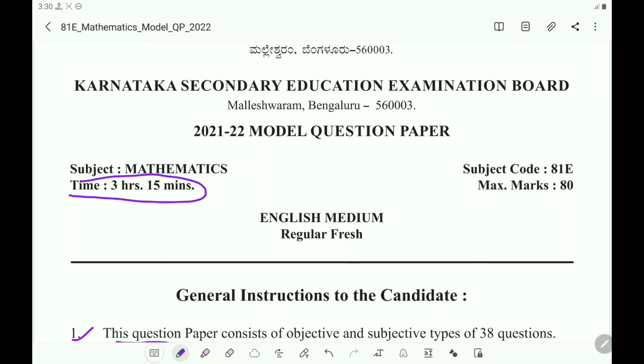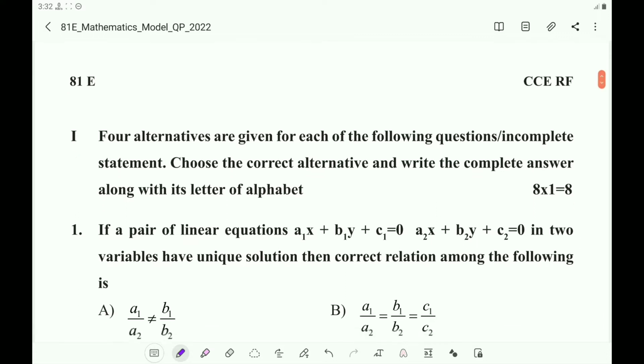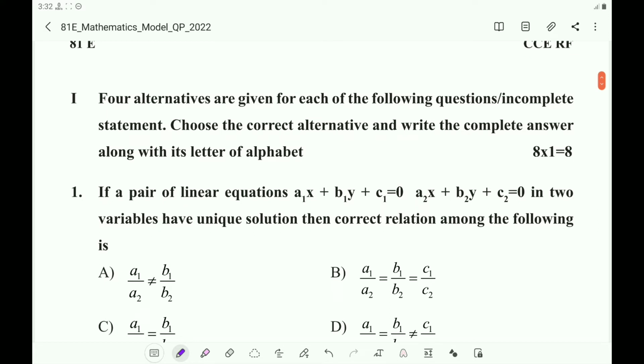That is 3 hours 15 minutes, and this 15 minutes is for the reading. So, read the question paper completely within 15 minutes. After that only, it is better to start writing. So, here you write the answer after reading the complete question paper. Now, let us start the answering.